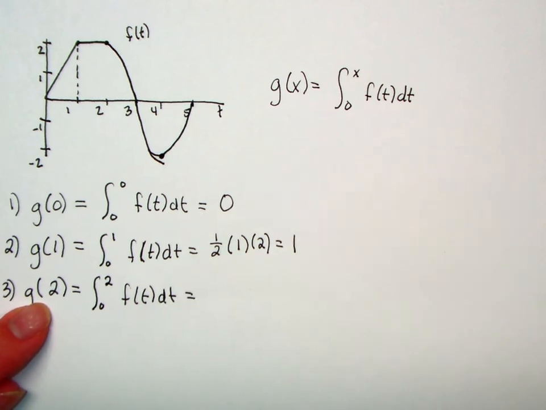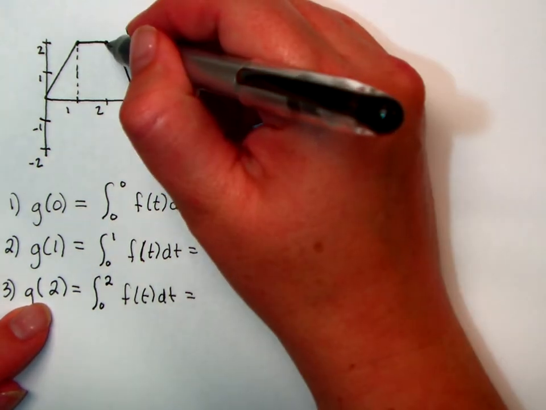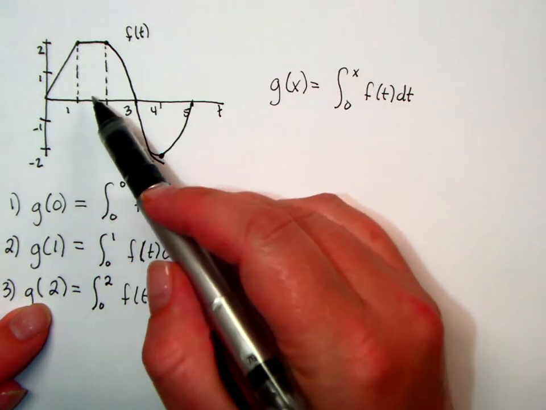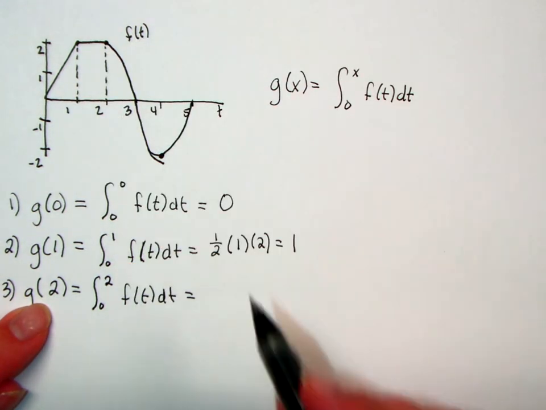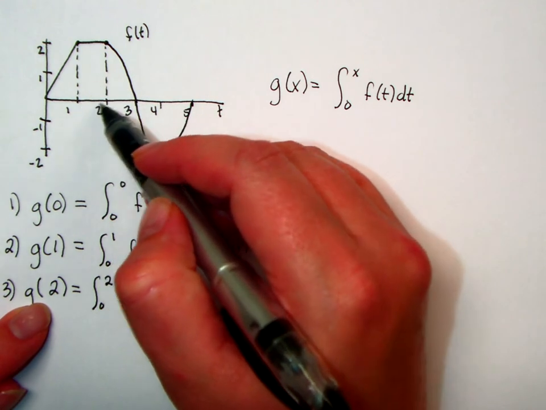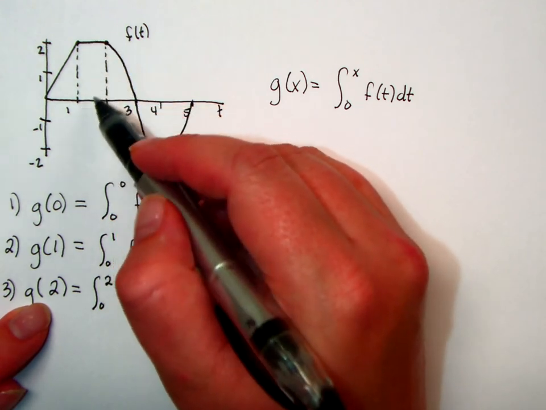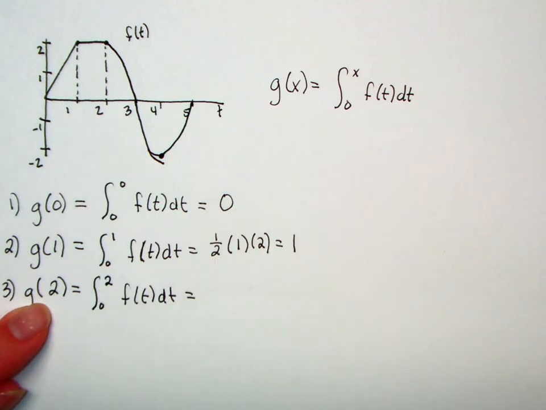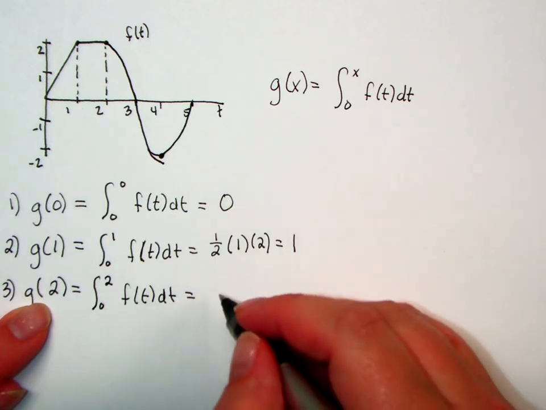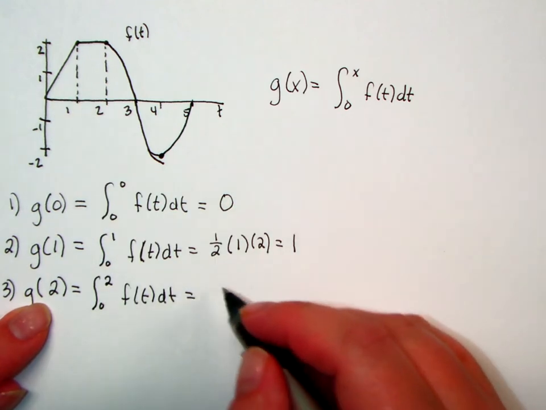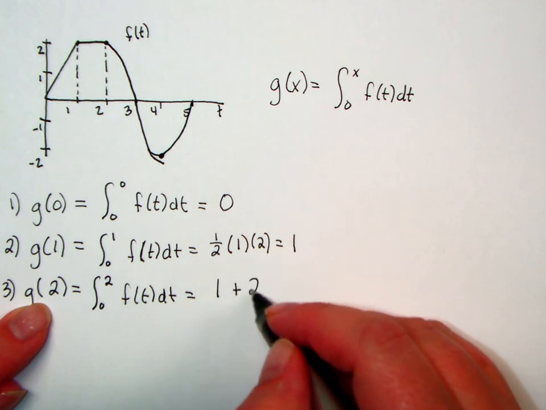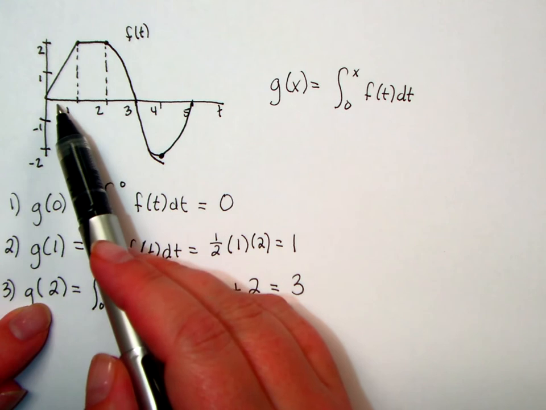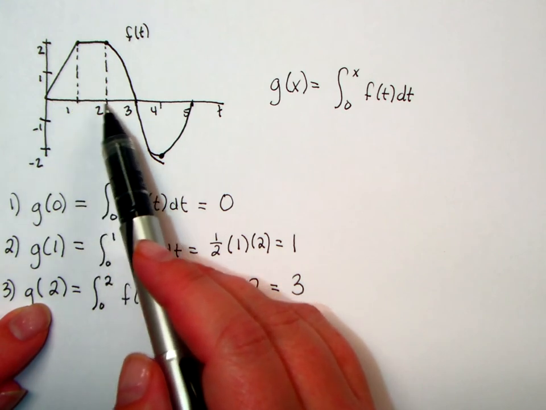So from 0 to 2, we are going to add to the area of the triangle the area of this rectangle. The area of the rectangle, base times height, is 2. The area of the triangle was 1. So 1 plus 2 is now 3, because we're doing the area from 0 to 1 plus the area from 1 to 2.